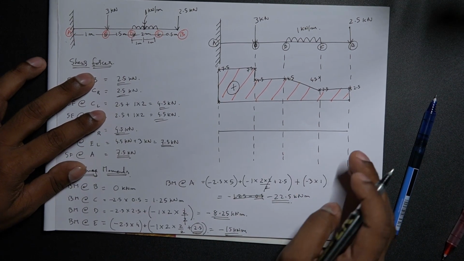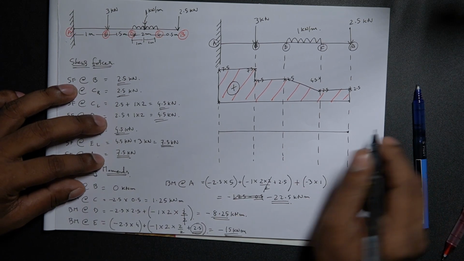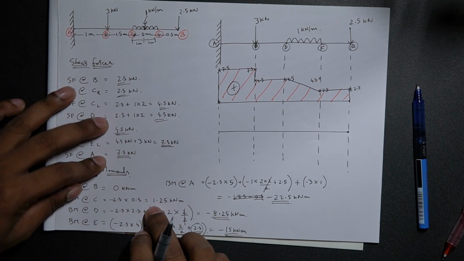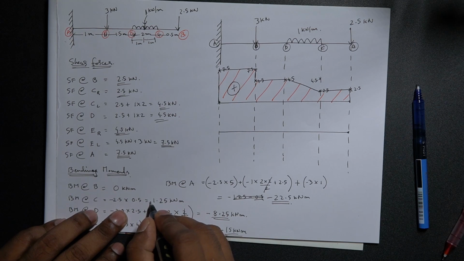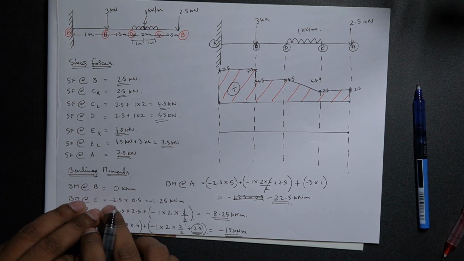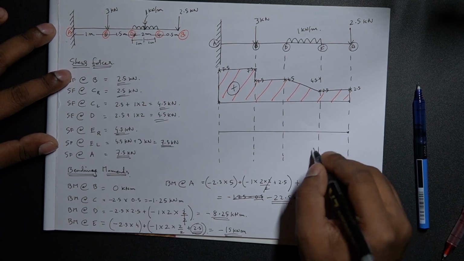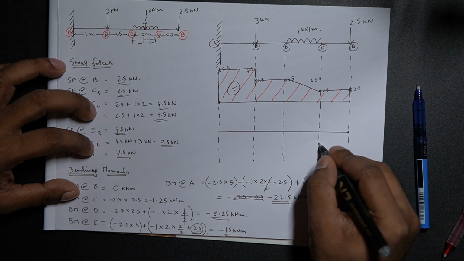Let's start the bending moment diagram here. The bending moment at B is 0, so there's no change over here. Bending moment at C is 1.25. I think this should be minus 1.25 because it is negative. So I'll put BM at C somewhere over here, minus 1.25.